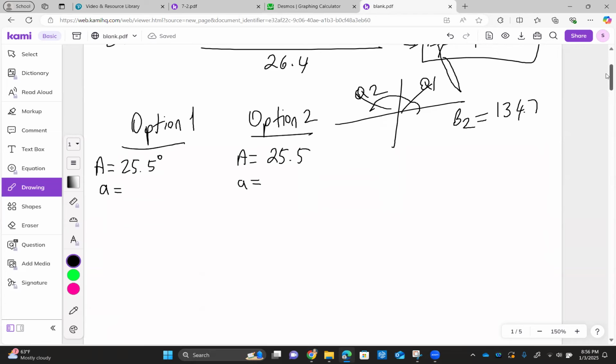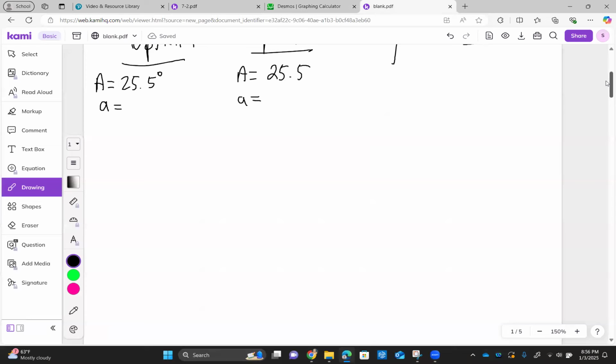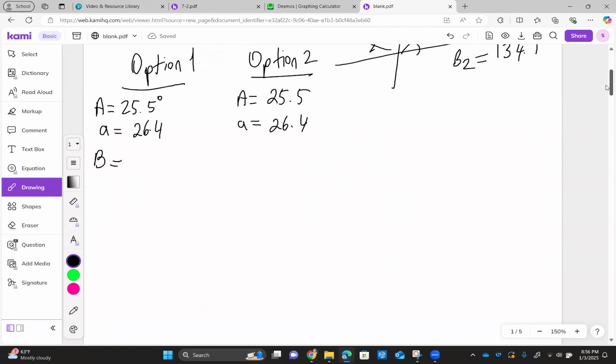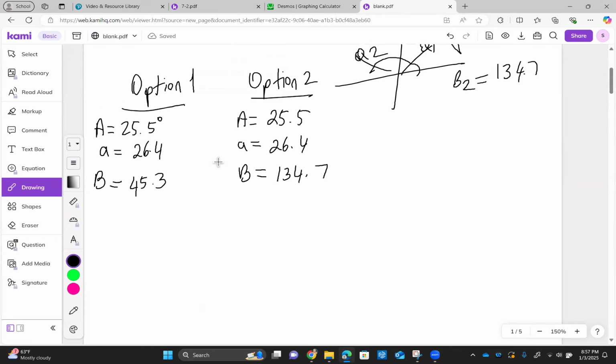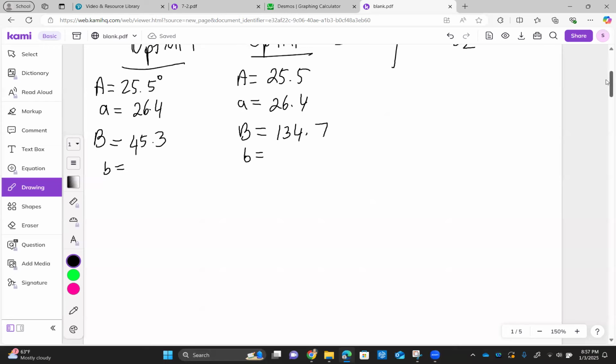It will not change from option to option, and it's given as 26.4. Now for angle B, one triangle can use the value of 45.3, and the other option is going to use 134.7. Side B, let's see if that was given in the problem. Side B is given as 43.6.